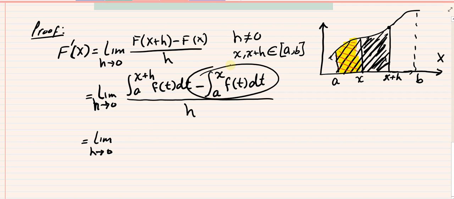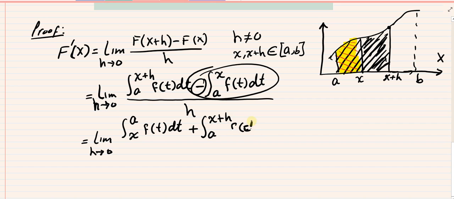This integral, I can change the limits of integration from a to x, to x to a, and the effect of that, remember the property of definite integrals, changes the negative to a positive. That's going to be f(t) dt, and then plus the integral from a to x plus h of f(t) dt.